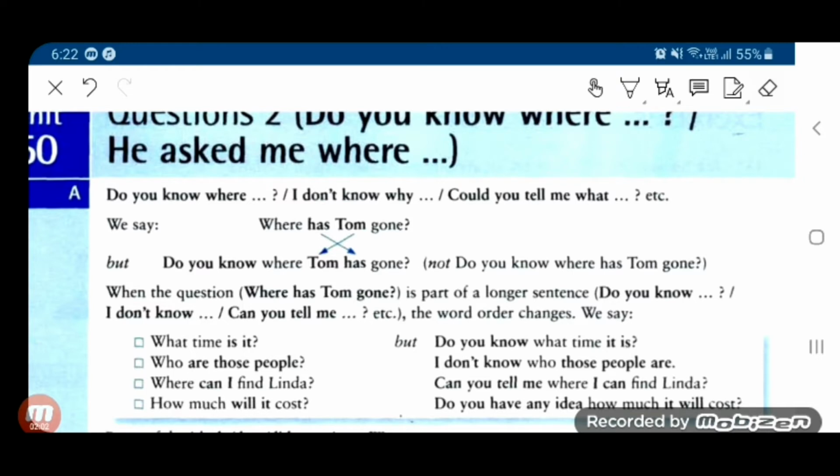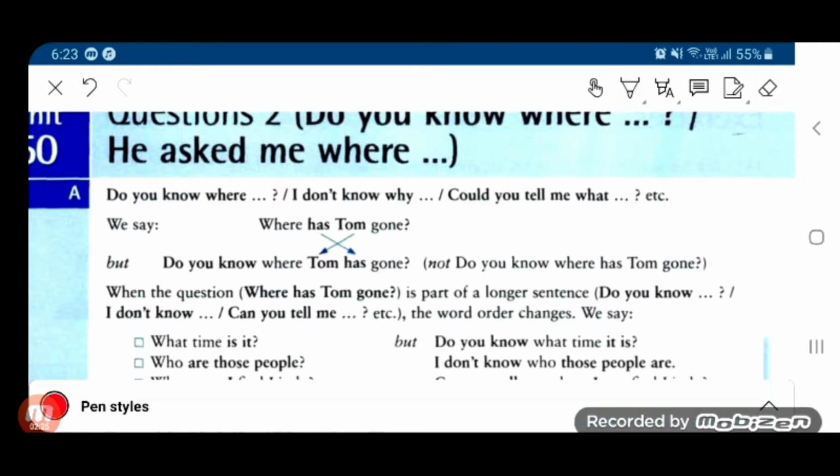So in both examples, they just swap the subject and helping verb, nothing else. You don't use do in the question part: not, do you know where has Tom gone.